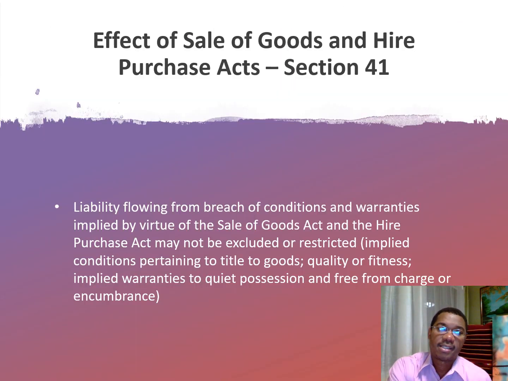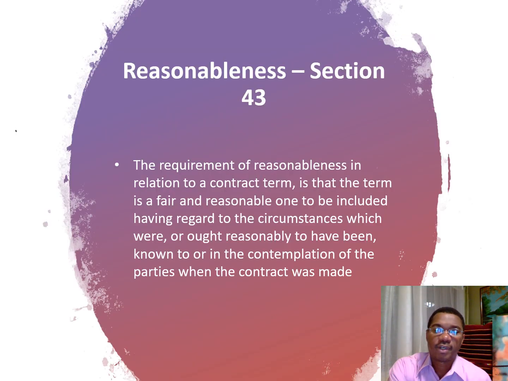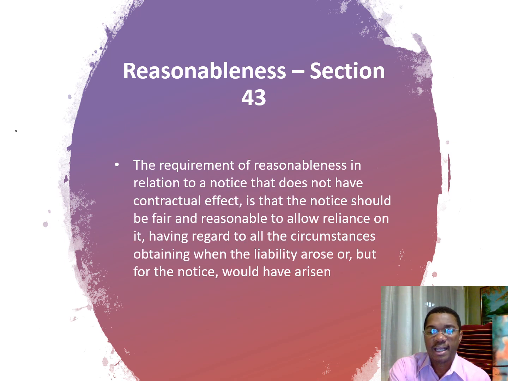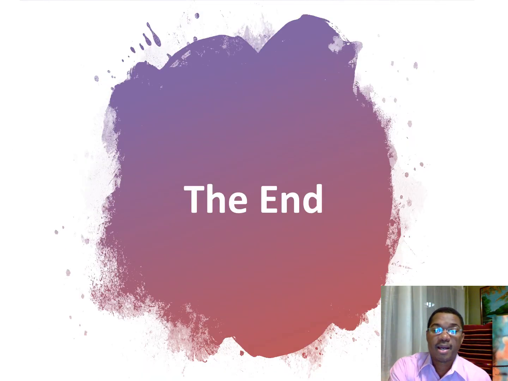So you can take your time and look at section 43, which deals with reasonableness, and I just spoke about that, gave you some examples of how that could be determined, whether it would in the circumstances be reasonable to do so.